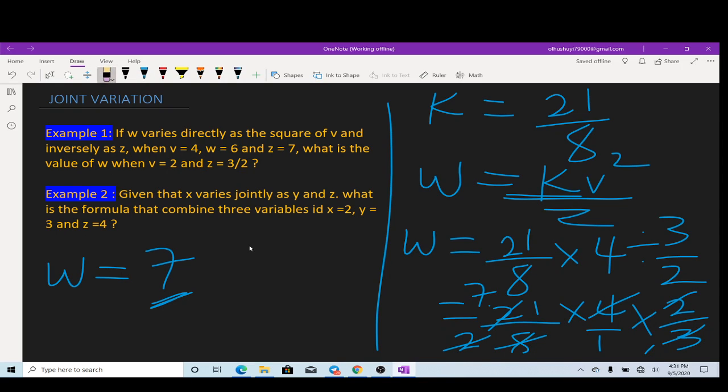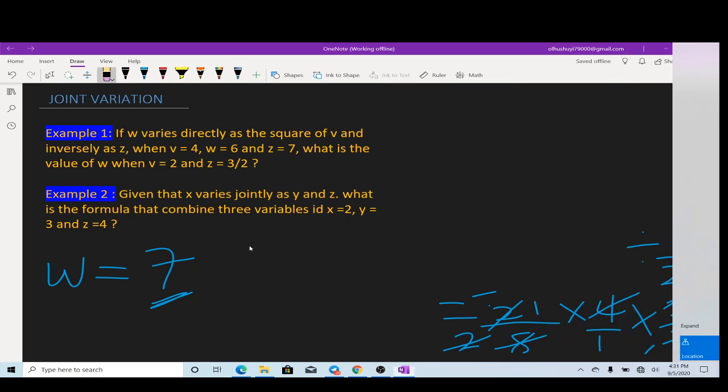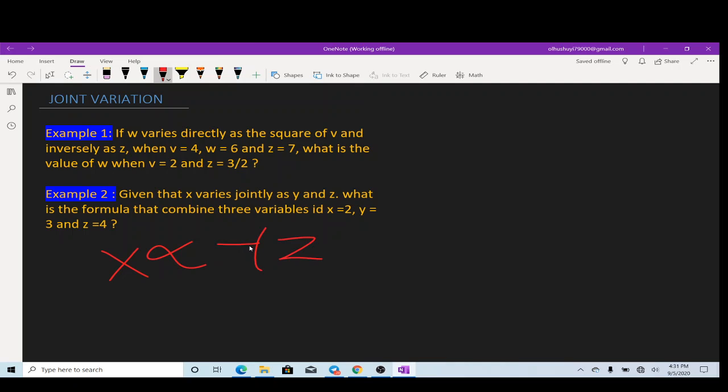The next question says, given that X varies jointly as Y and Z, and that means that X, let me write the variation sign first, varies as YZ, and that means that X can be equal to KYZ, and the relationship between them is multiplication, as you can see.